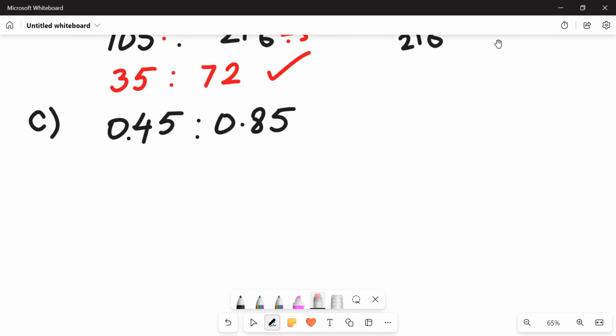Okay, now, according to this, these are both in decimal form. So we will change them into normal fraction form, normal numbers form, by multiplying by 100 on both sides.